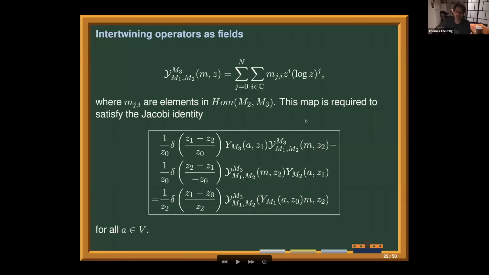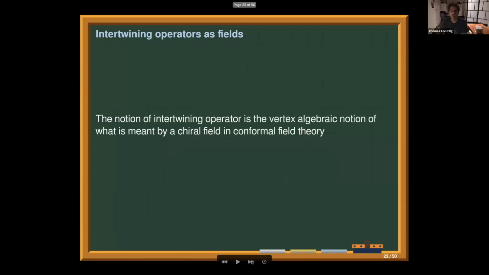So in this sense, the definition of fields mathematically is a careful lifting of Lie algebra data in many respects. Now, the notion of intertwining operator is the vertex algebraic notion of what is meant by a chiral field in conformal field theory. So this is why we introduced it. And this is quite abstract. You can later look at the slides and maybe see it again. It's probably nice to have seen it once.